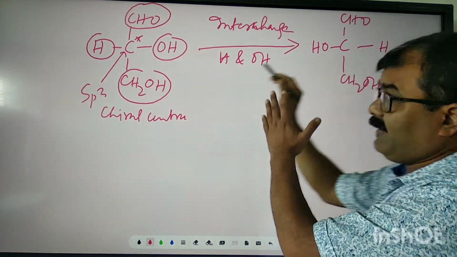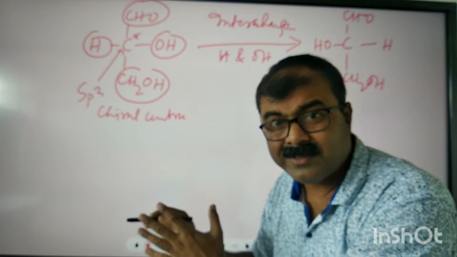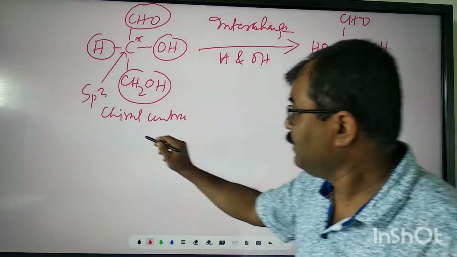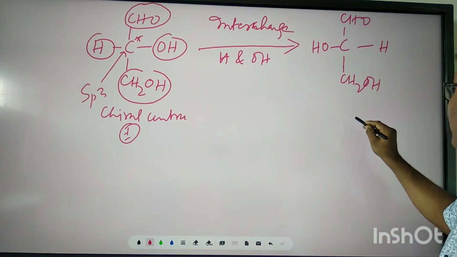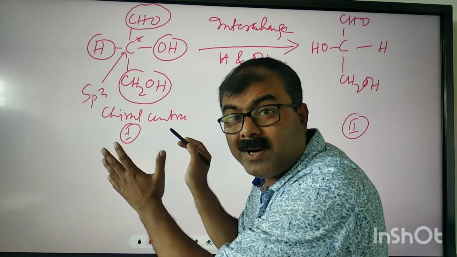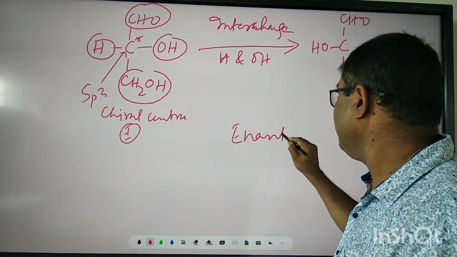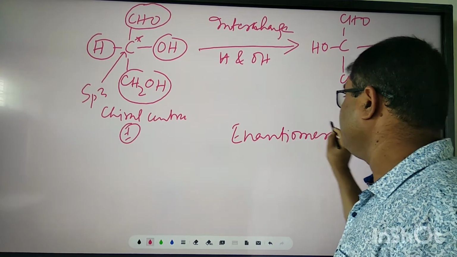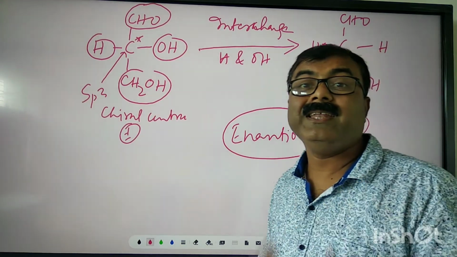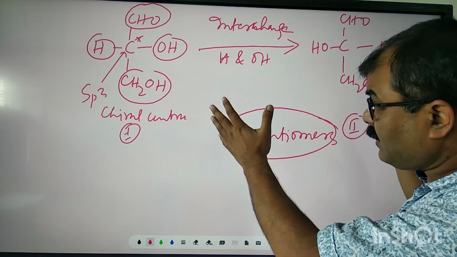Now, after interchanging, are we getting a new stereoisomer? Yes, this is a new stereoisomer, my dear student. This structure 1 and structure 2 are stereoisomers, and these are called enantiomers. In my next video class, we will learn about what is called enantiomers.